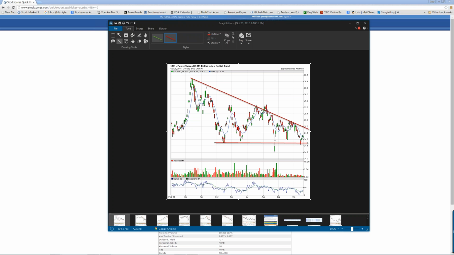So those markets obviously trade when we're sleeping in North America, and that's why you get a lot of gaps on the chart, because that currency is trading almost 24 hours a day, if not 24 hours a day.